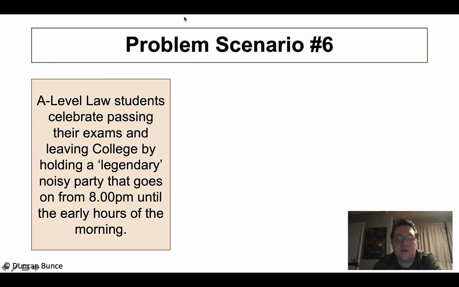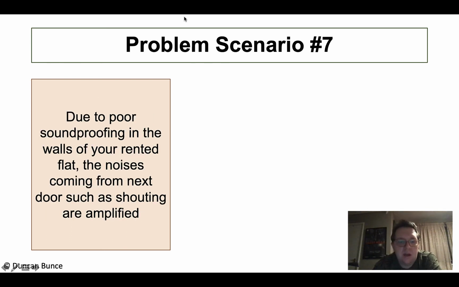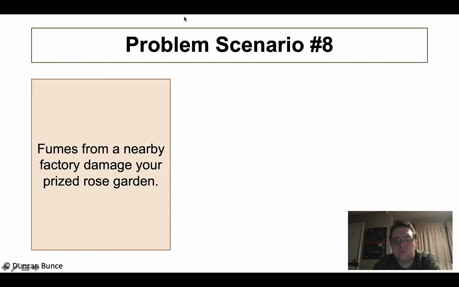It's quite noisy as well. 7, poor soundproofing in the walls of your flat means the noises are even more apparent to your neighbour. And I think 8 is the last one I'd like to ask. So a few more than normal, I know, but I just wanted to cover all the bases. Fumes from a nearby factory damaging your prized rose garden.